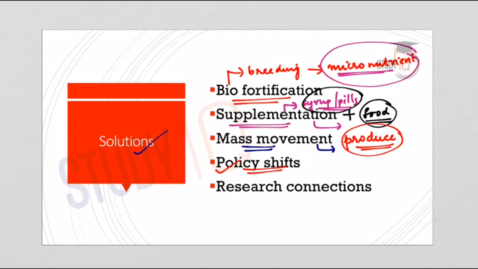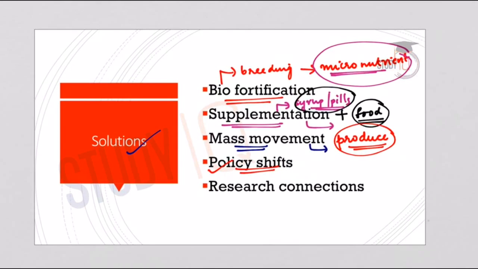Policies should be framed in such a manner that the role of biodiversity and local farming systems will improve production in food grains that have higher nutritional value. So policies should also focus on increasing the production of nutrient-rich food crops in the country, and this should be done through incentivizing or subsidizing the farmers.